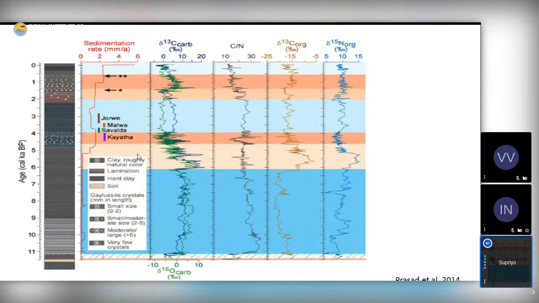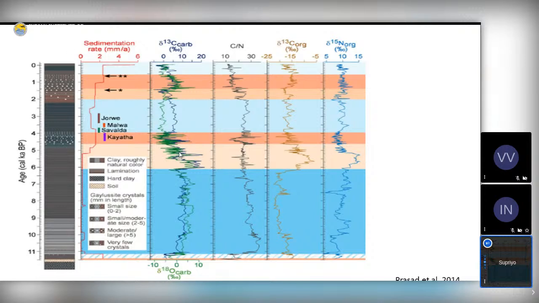One of the interesting findings of this result is that just after the mid-Holocene, that is about 5.5 to about 4,000 years ago, a very drastic change took place in delta 13C of carbonate. As I mentioned earlier, during an evaporative regime, the isotopic composition will be enriched.